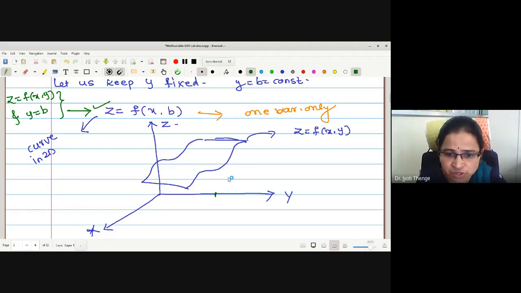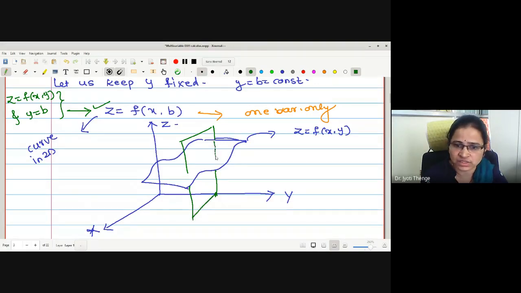Okay, let me just try to draw the plane. Now we are going to take the intersection of this plane with the surface. The sheet part behind your surface, I am showing with a dotted line.